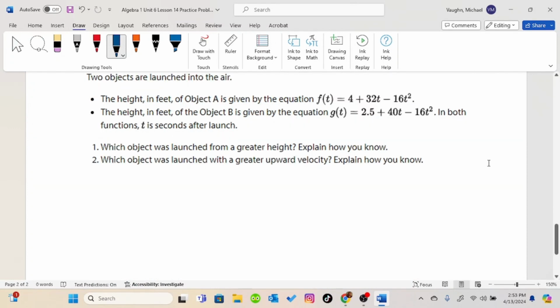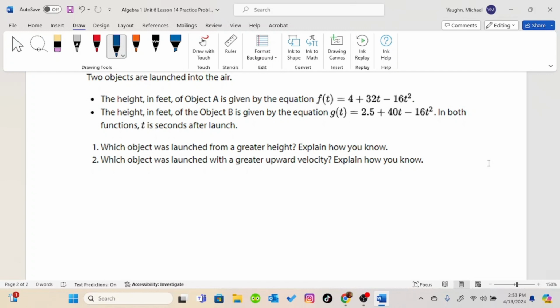Two objects are launched into the air. The height in feet of object A is given by the equation f of t equals 4 plus 32t minus 16t squared.